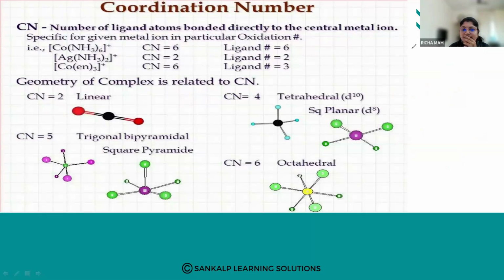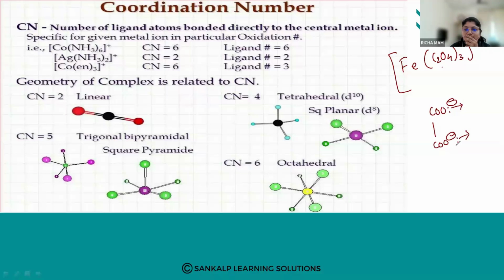Let me take one more example: [Fe(C2O4)3]3-. Here you should know that this is an oxalate ion, and it can coordinate from both ends. How many oxalate ions are there? Three oxalate ions.